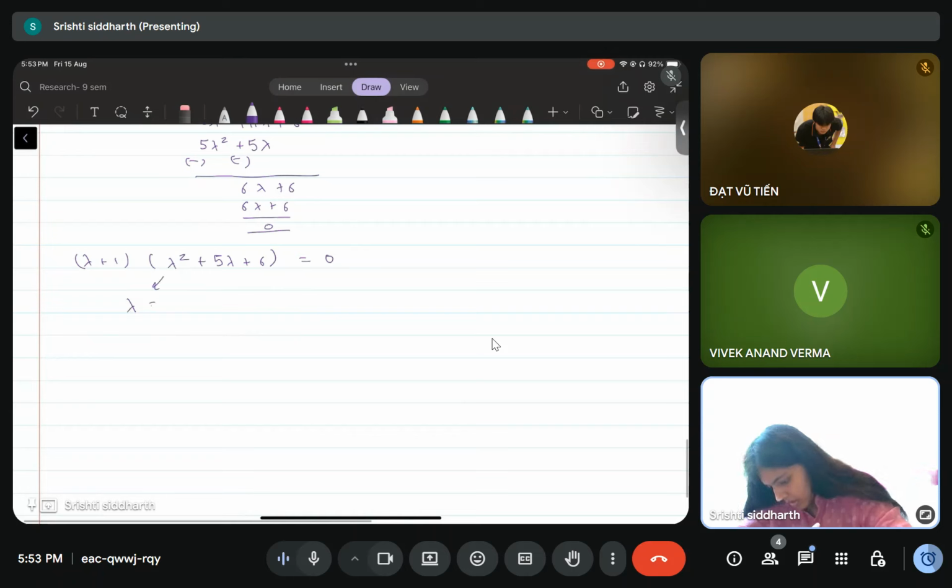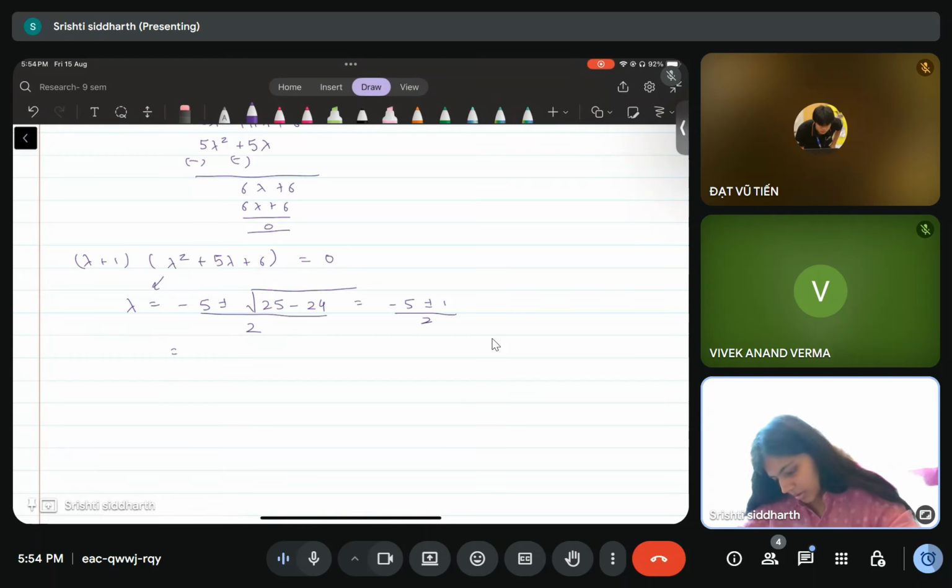So solving this, we have real roots. So this is minus 1, and minus 5 plus or minus 1 over 2, this is minus 2 and minus 3. Okay, so the eigenvalues are minus 1, minus 2, and minus 3.